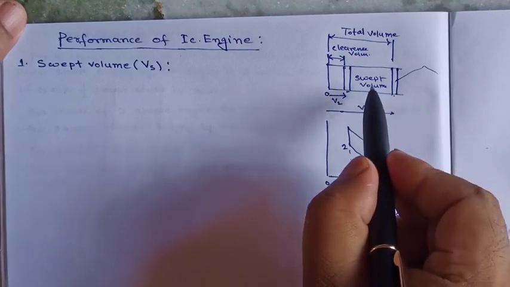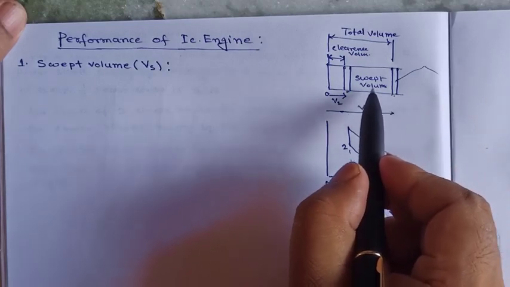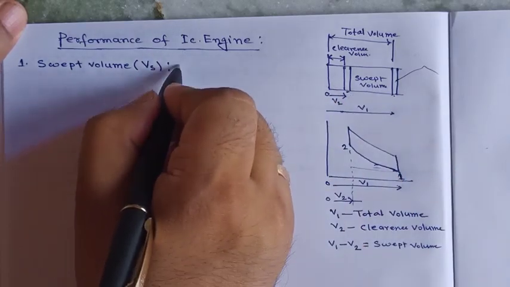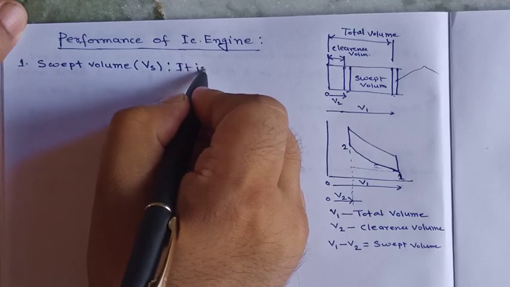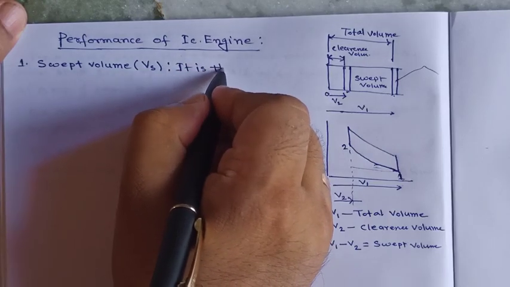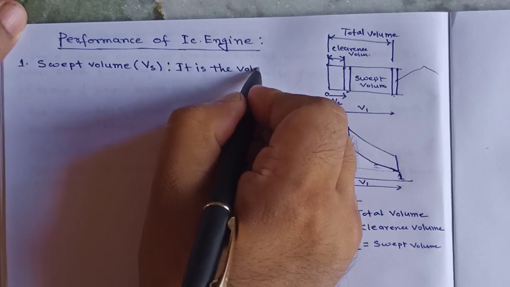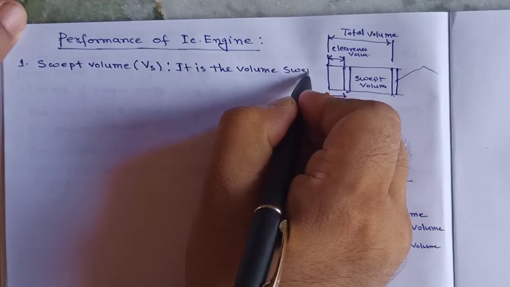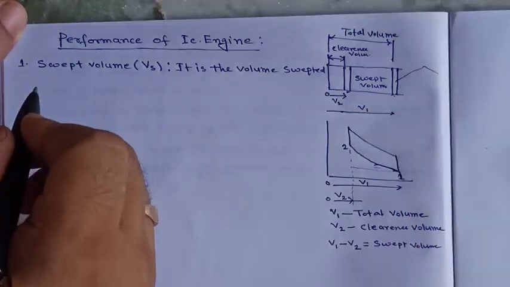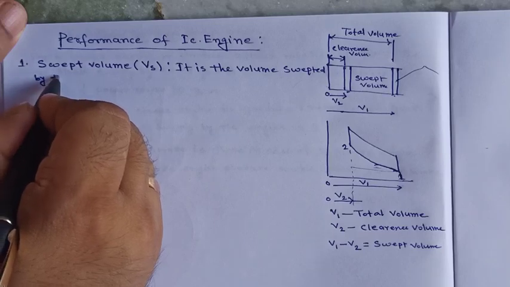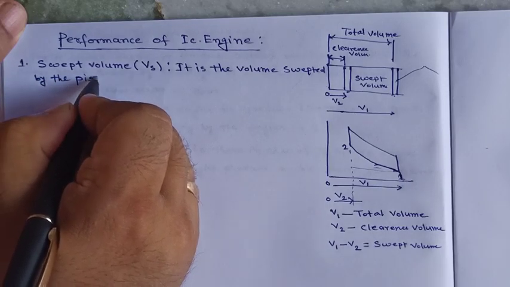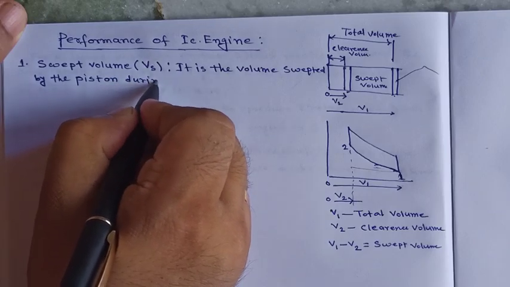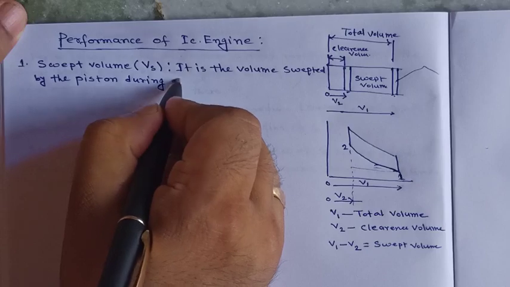So the swept volume is the volume swept by the piston during stroke.